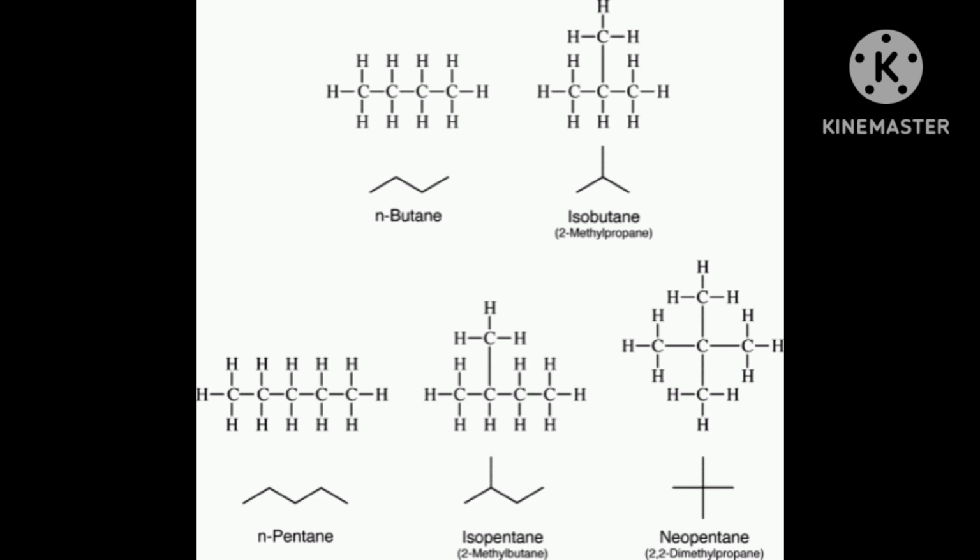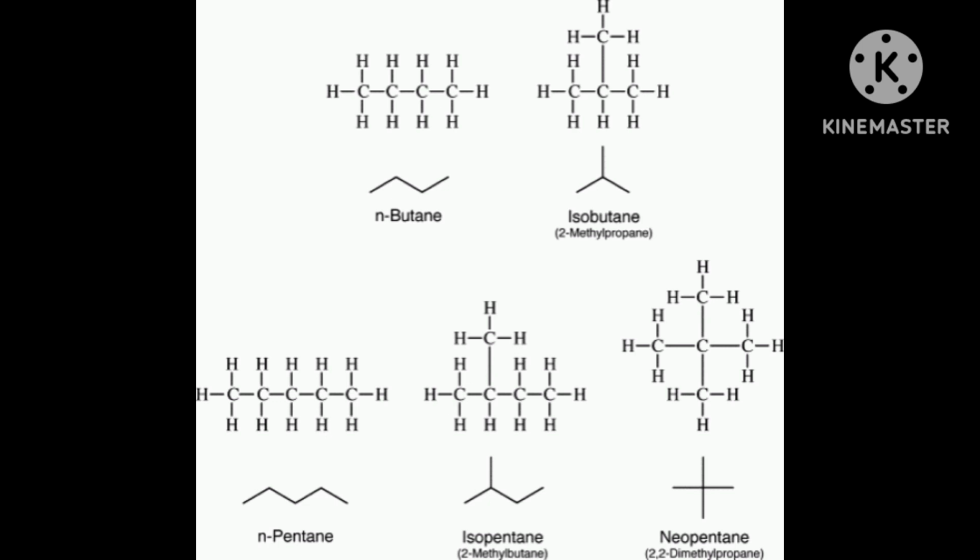In a general way, a species having a positive charge is called a cation, but here in organic chemistry, carbon has the positive charge. That's why it's a carbocation. Then, the CH3 ion is known as methyl cation or methyl carbonium ion.